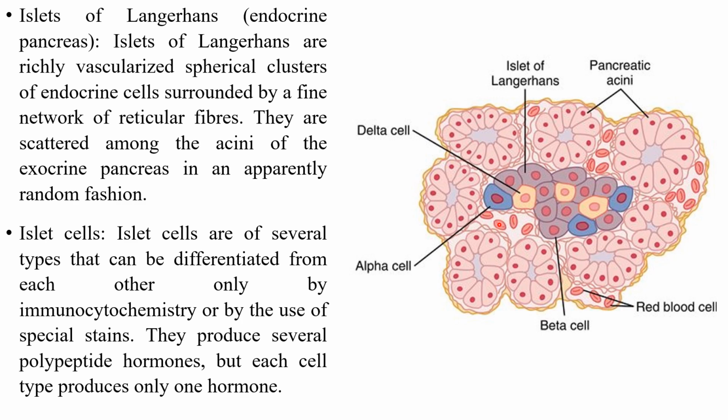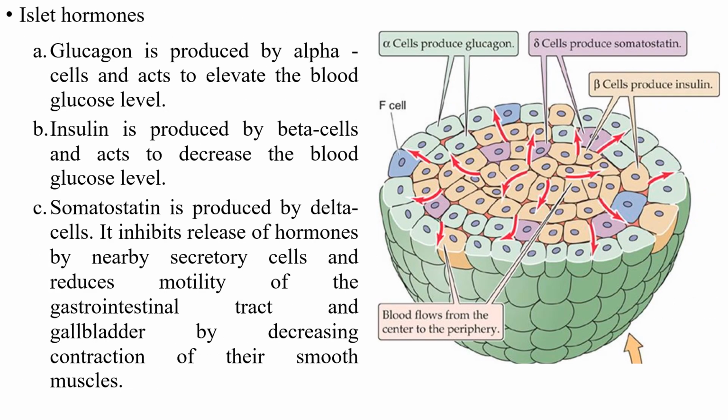One speciality of the islet cells is that each cell produces only one type of hormone. They don't produce multiple hormones, and hence it is very easy to go for immunohistochemistry and look into the type of the cell.